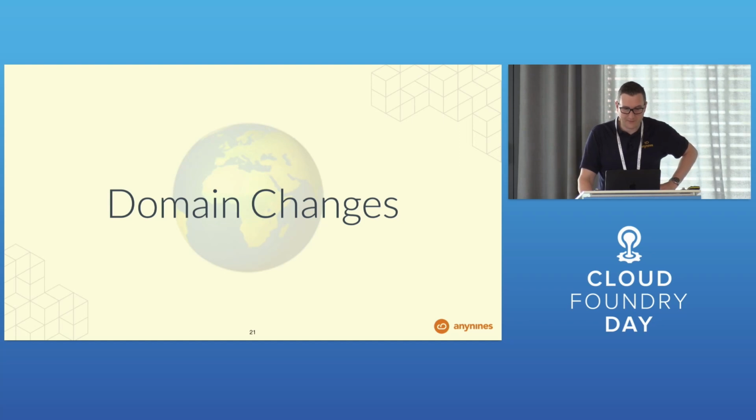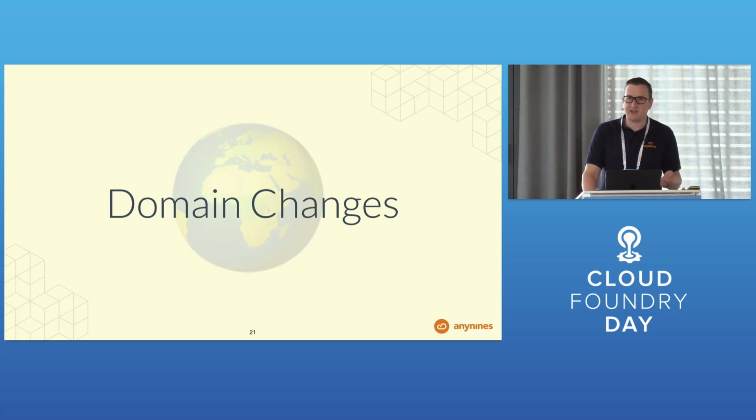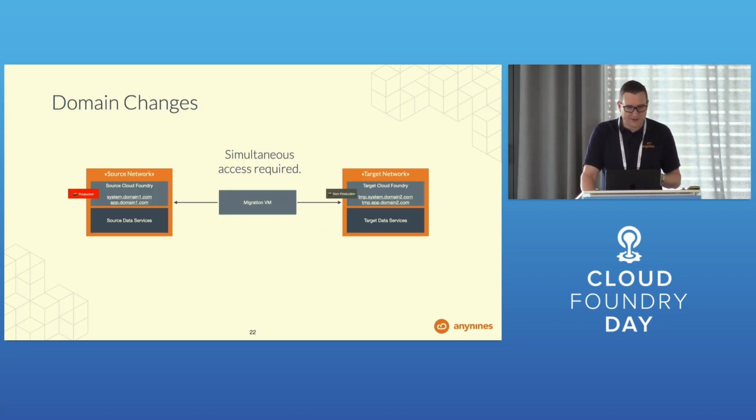Another very important aspect of migration is dealing with the system domains and the application domains of a Cloud Foundry. It really depends on the constraints of a project, but it's very likely that you want to use the same domains after the migration is done in the target system. So you need to provide temporary domains in order to have access to both systems simultaneously so that your migration logic can work.